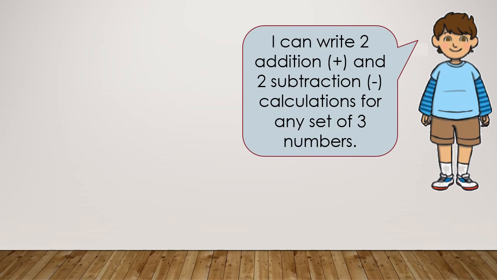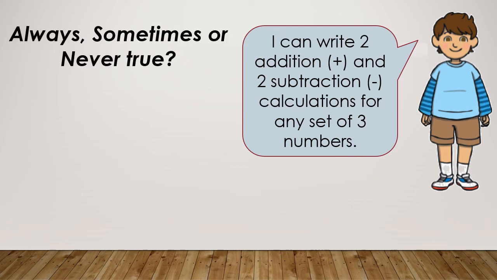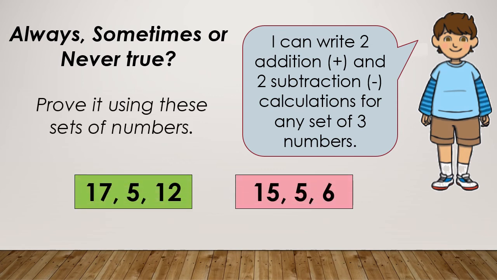I can write 2 addition and 2 subtraction calculations for any set of 3 numbers. Is this always, sometimes, or never true? Prove your answer using these sets of numbers. Pause and think.